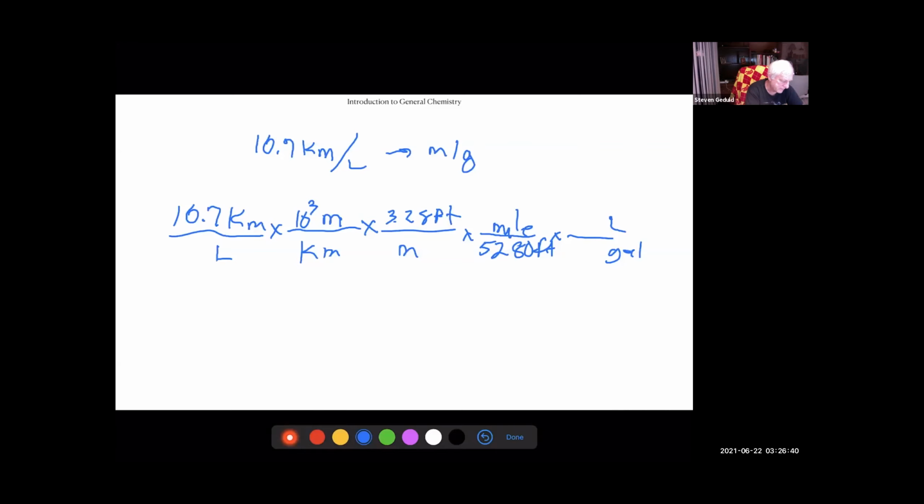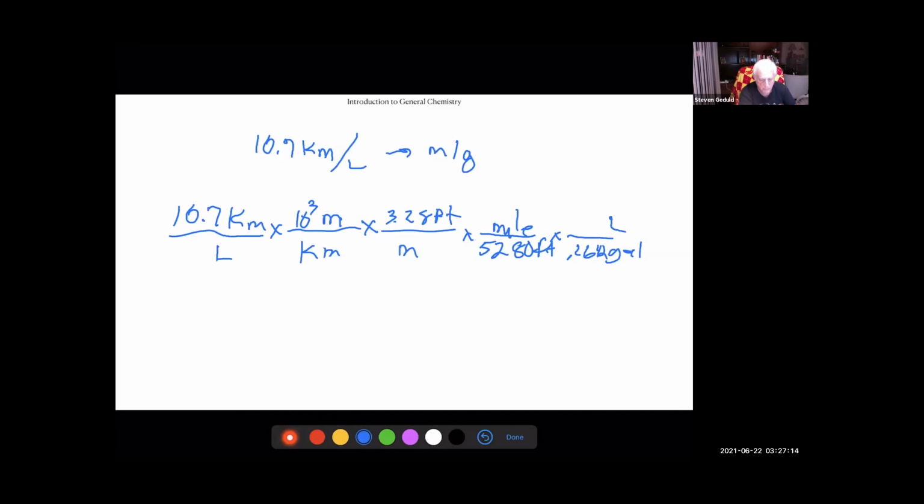Liters to gallons. All right, so 1 liter is 0.2642 gallons. So there's 0.2642 gallons per liter.